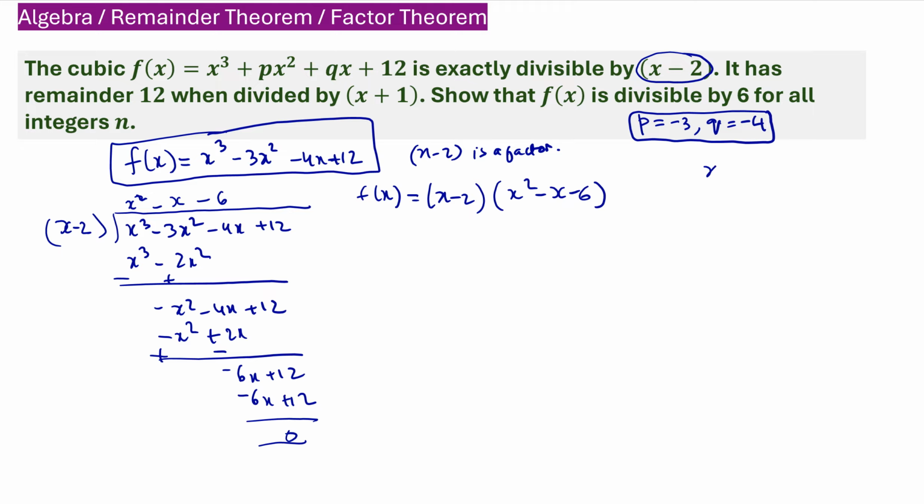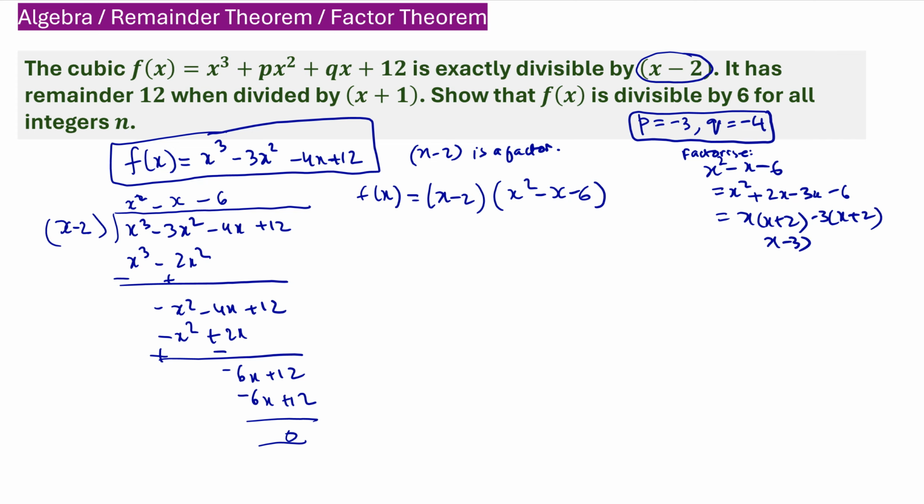So I'm going to factorize x squared minus x minus 6. So then x squared minus 3x plus 2x minus 6. That is x times x plus 2 minus 3 times x plus 2.